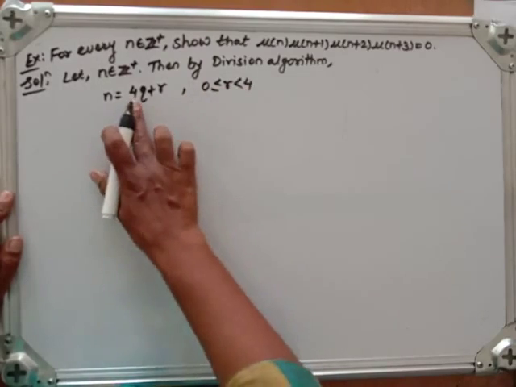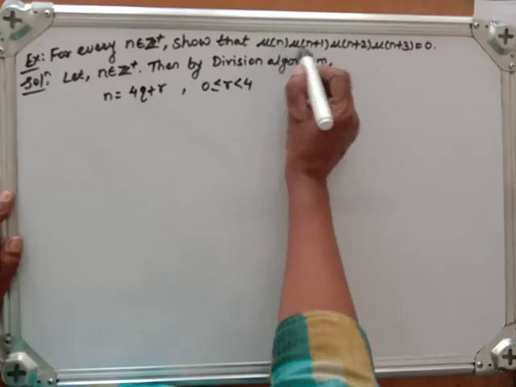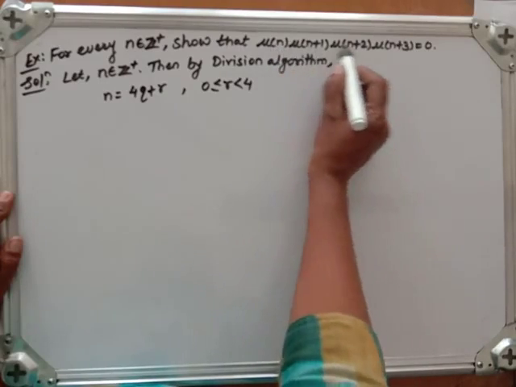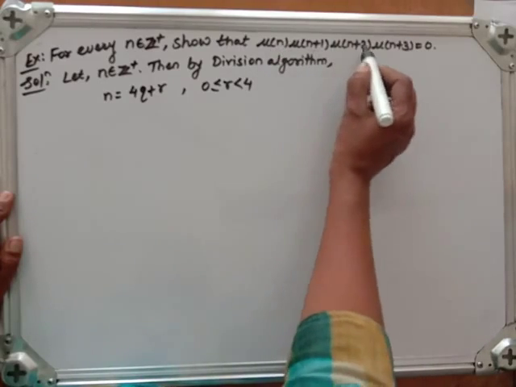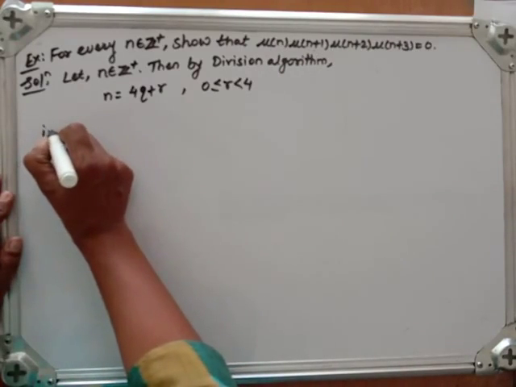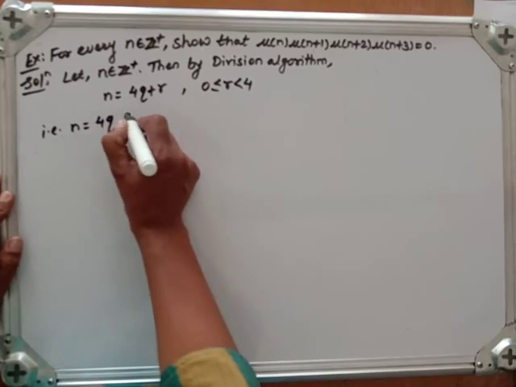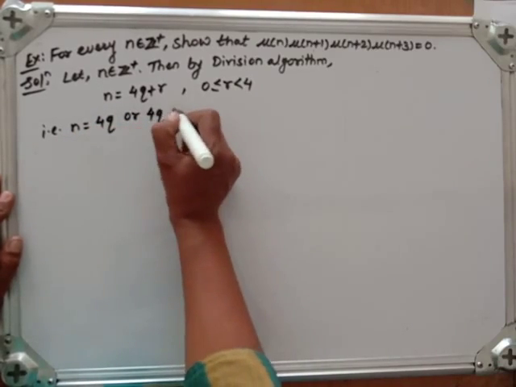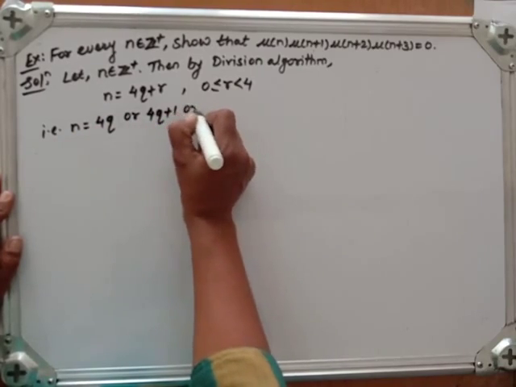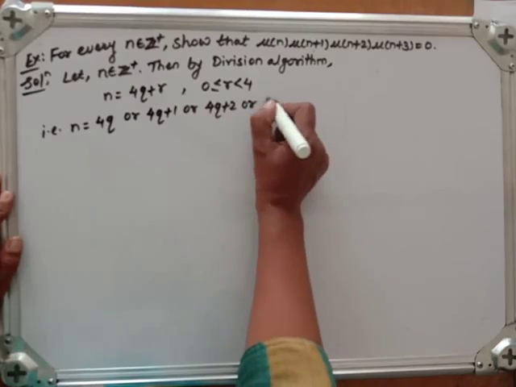Why do we take 4 here? Because it is up to n plus 3. 4 consecutive integers are there: n, n plus 1, n plus 2, n plus 3. That is, n is equal to 4q or 4q plus 1 or 4q plus 2 or 4q plus 3.